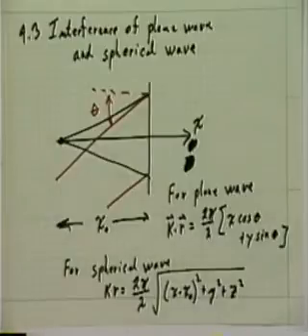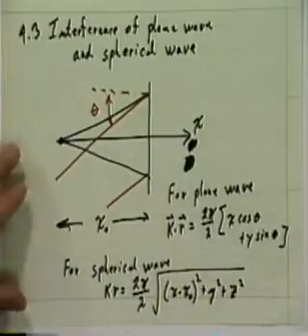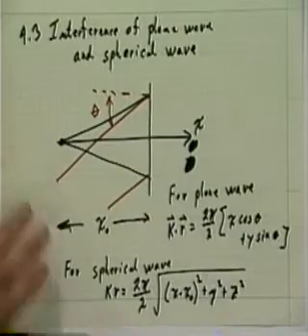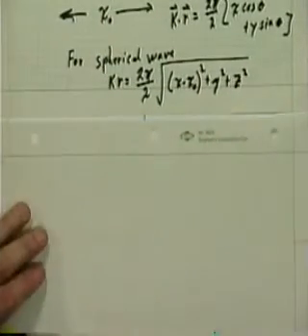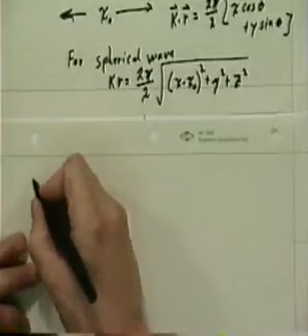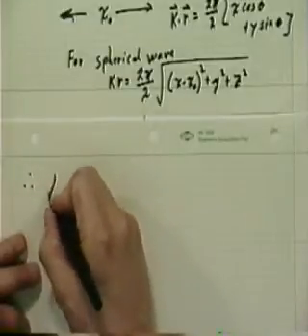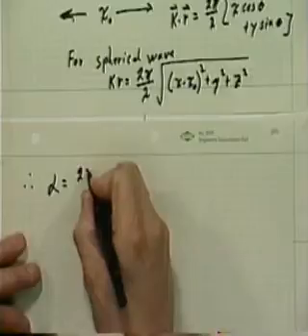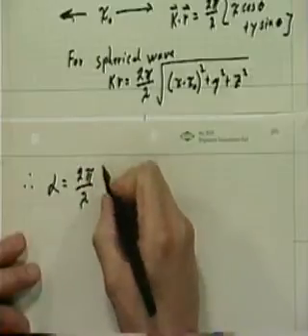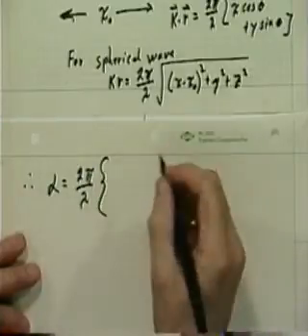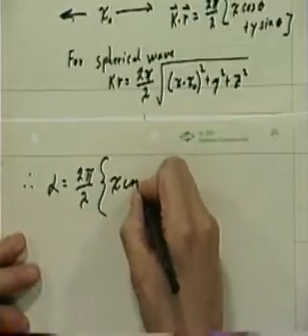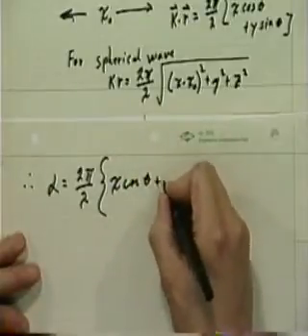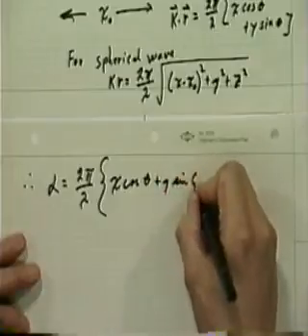And so we simply have to calculate this thing that I've been calling alpha, which is the phase difference between the two beams. And so we can write, therefore, alpha will be 2 pi over lambda times, I'll put the plane wave first, x cosine theta plus y sine theta.